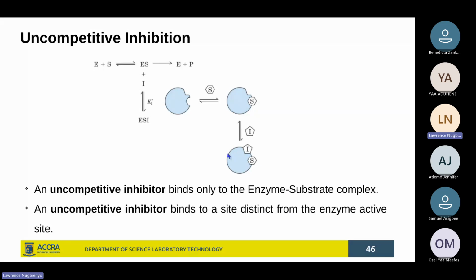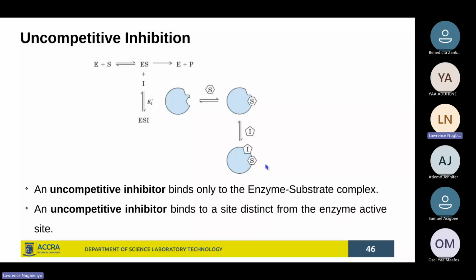Down here, you have the enzyme binding to the substrate and the inhibitor, giving you the enzyme substrate inhibitor complex, which will prevent the reaction from proceeding further. Either it slows down the reaction or it completely stops it from proceeding.